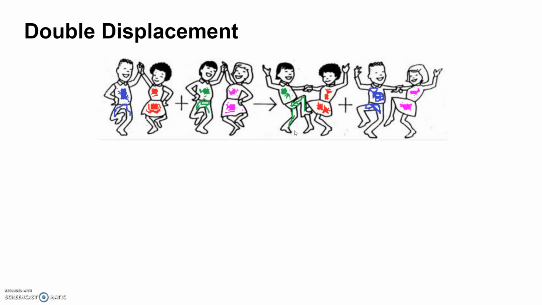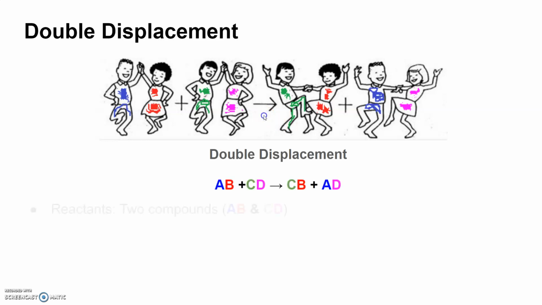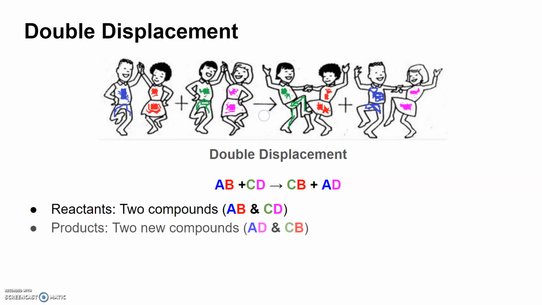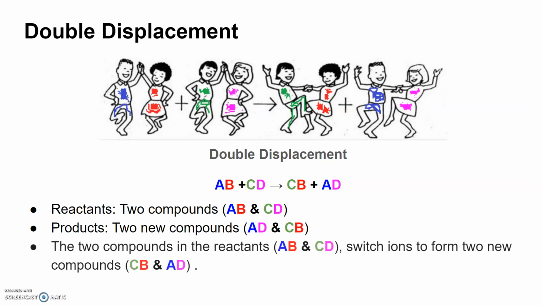So before we dive into what a precipitate is, let's just quickly recap double displacement reactions. So remember, in a double displacement reaction, we start with 2 reactants that are compounds, and we're going to produce 2 new compounds as products. And this happens when the 2 compounds that are the reactants sort of switch ions to form new compounds in the products.